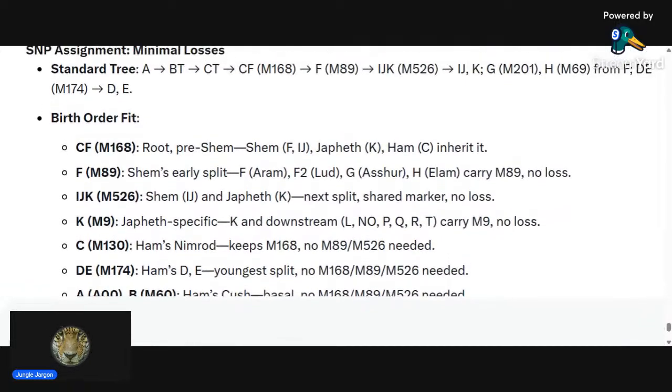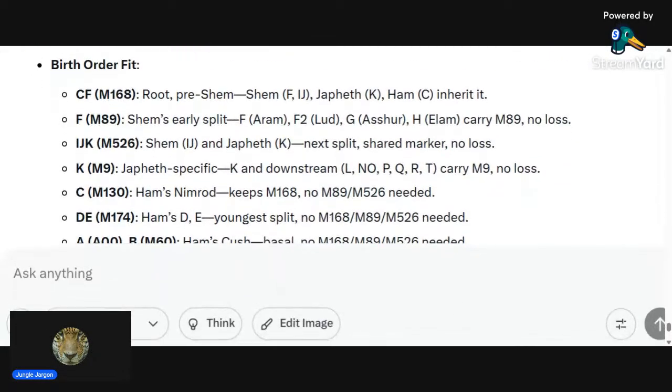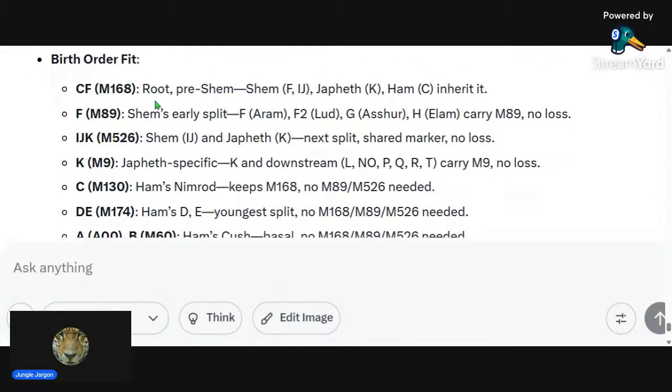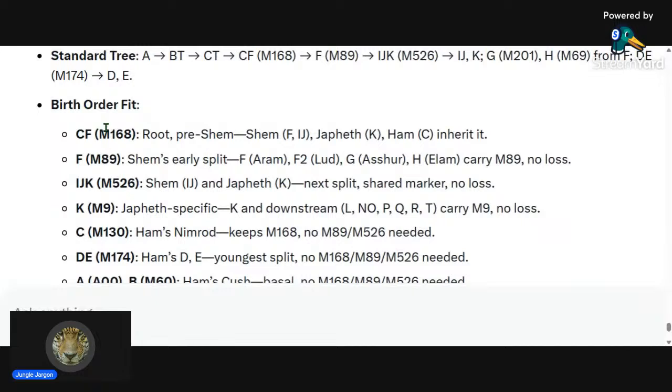Birth order. CF, 168. Birth order fit. CF root.